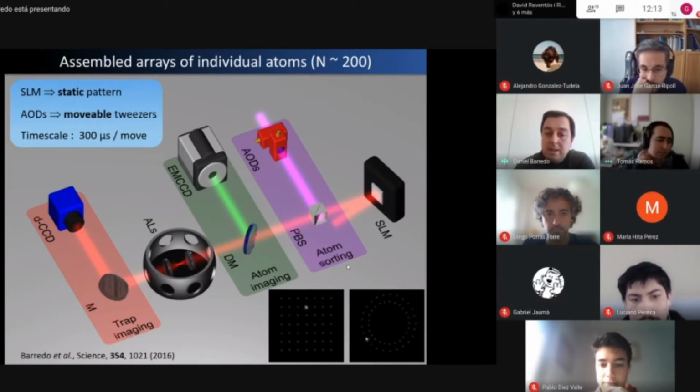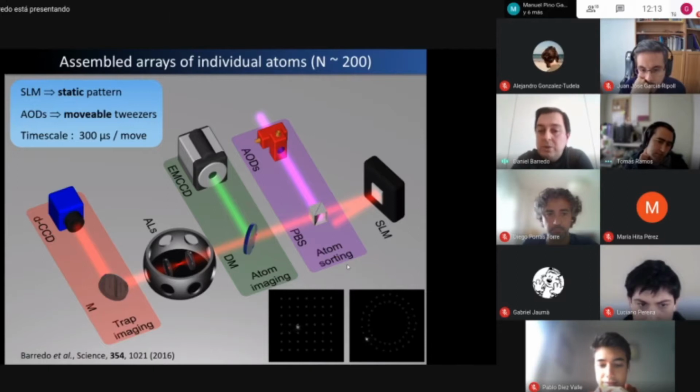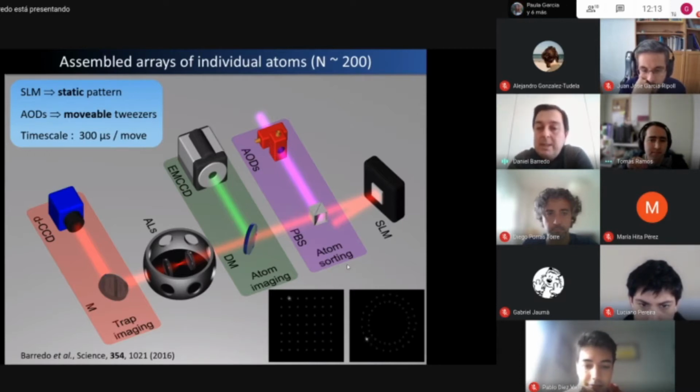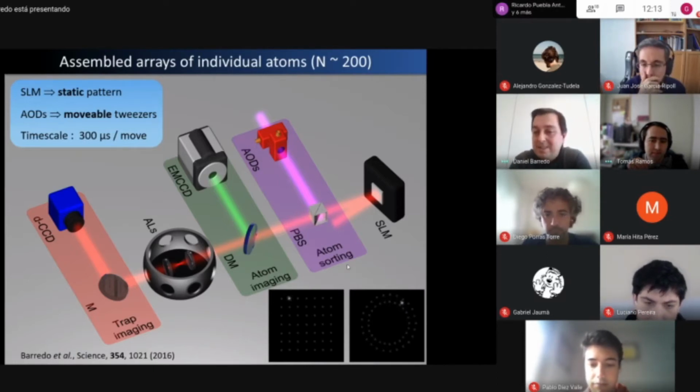With this, you can do the type of moves that you see in the video: grab an atom from one position, move it along some trajectory that you define, and release it in another position. Or you can even do fancier trajectories if you want to, like you see here in a circle.